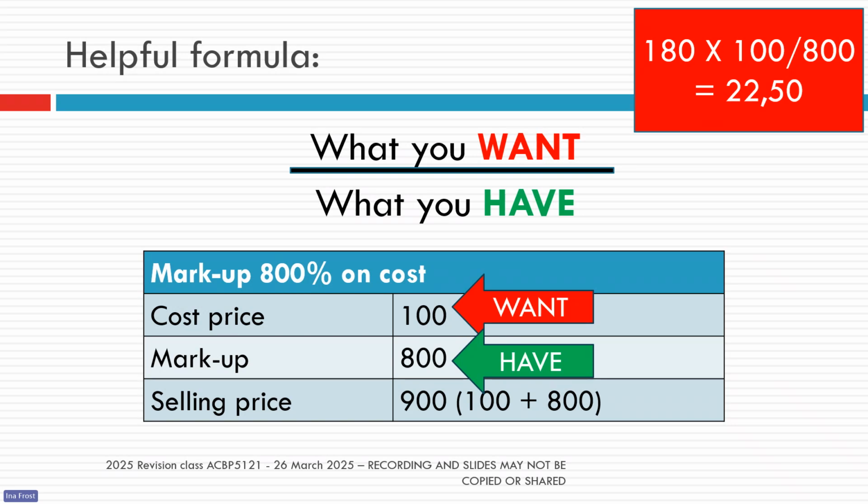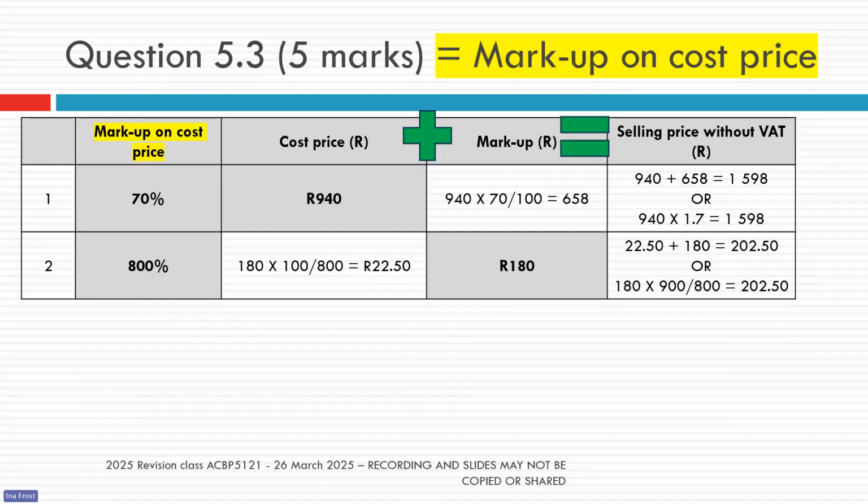So in this instance, we have a very small cost price on this item because we're putting a huge markup onto this item. We're putting an 800% markup onto this item. So obviously a very clever business person, they know that they can buy in the item cheap, and then they can sell it at a huge markup. So they can make a big profit when they sell these items.